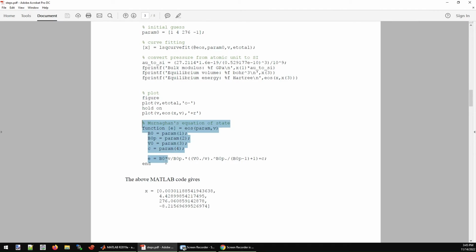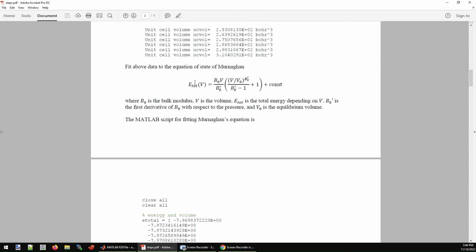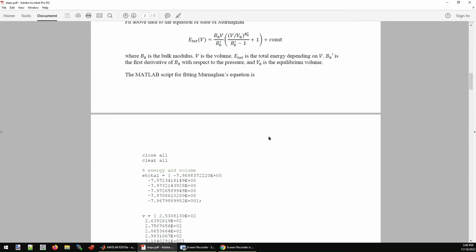So here is the definition of the Murnaghan equation of state. You see that this formula is very similar to this formula here.